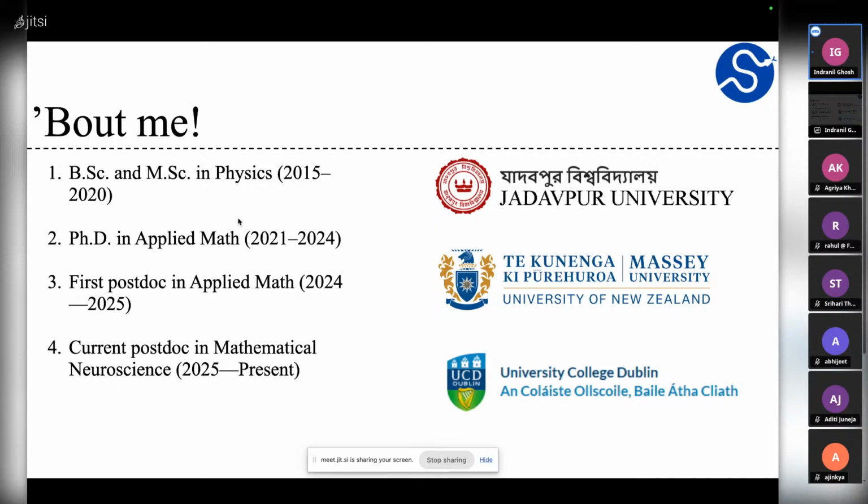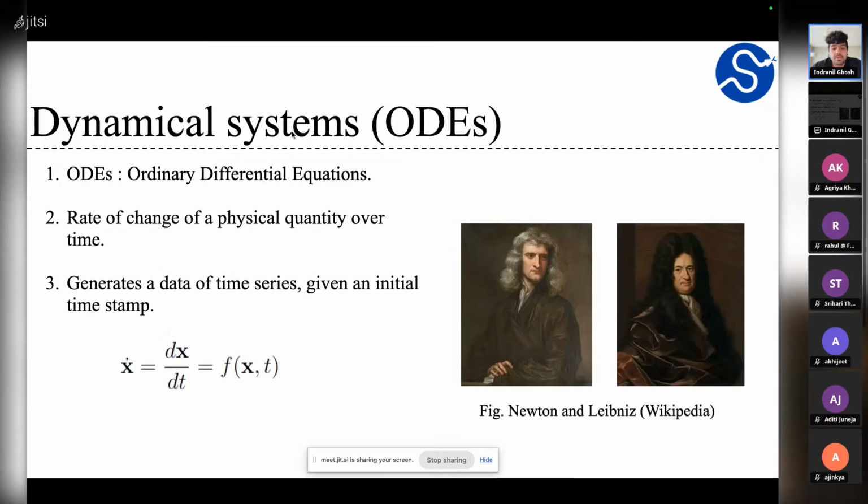I'm pretty sure everyone here knows the basics of what a dynamical system is, but I'm going to describe it now. There are different mathematical tools. I'm a mathematician, so I think in terms of mathematics, but it can be perceived using tools from other literature as well. This talk is maths based, so I'm going to talk about ordinary differential equations.